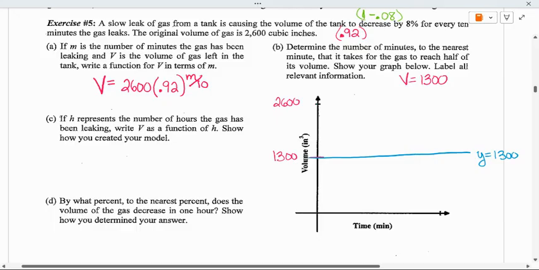Well, we know that it began at 2,600. Did it give us an ordered pair at all? Okay. So if we figure out this value per minute, we could take 0.92 to the 1/10th power. Can someone do that and tell me what our value is?